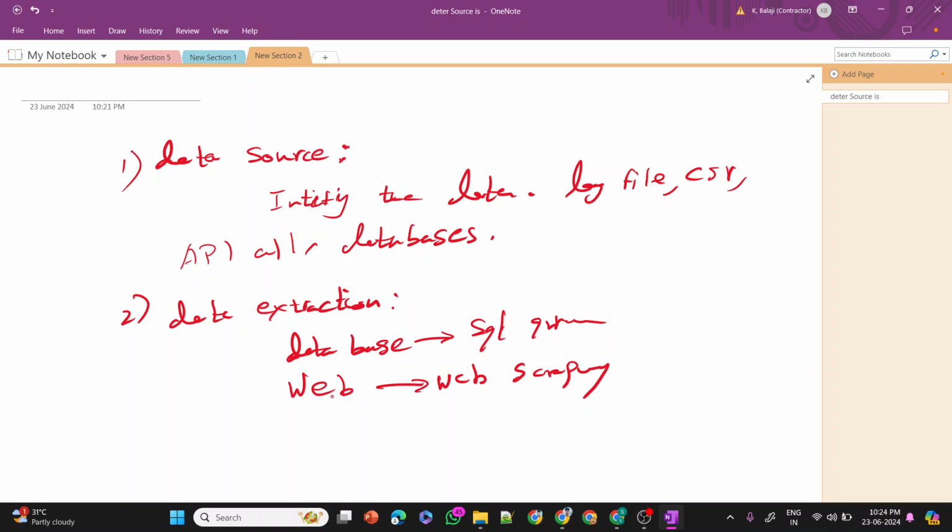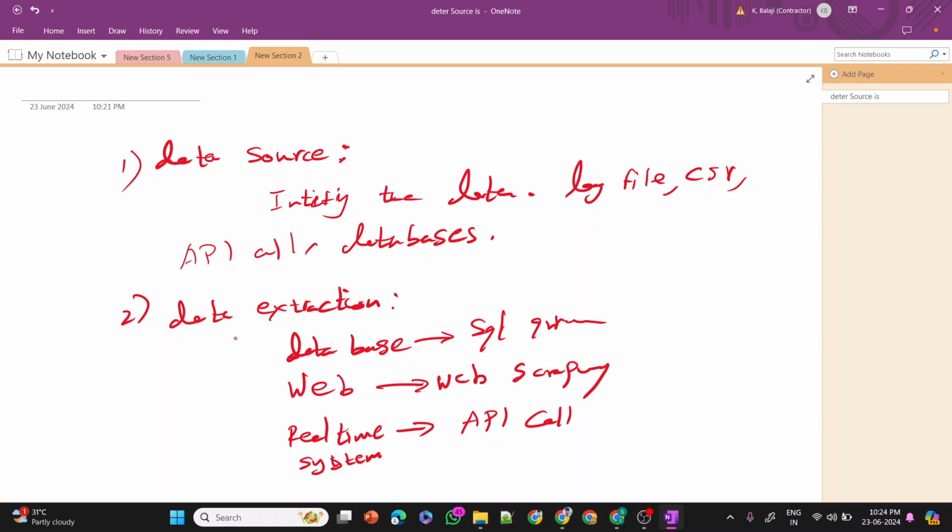When the data is in a real-time application, in a real-time billing system, the data is obtained by using an API call. So data is extracted from various sources.